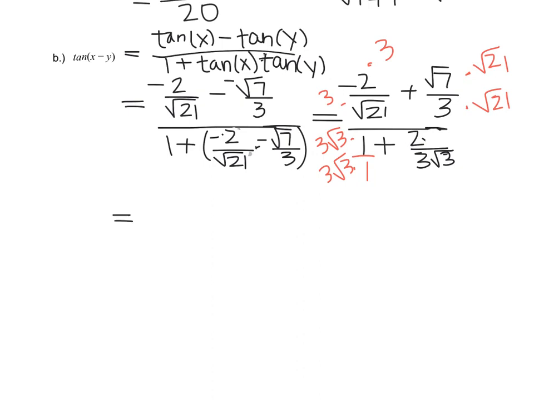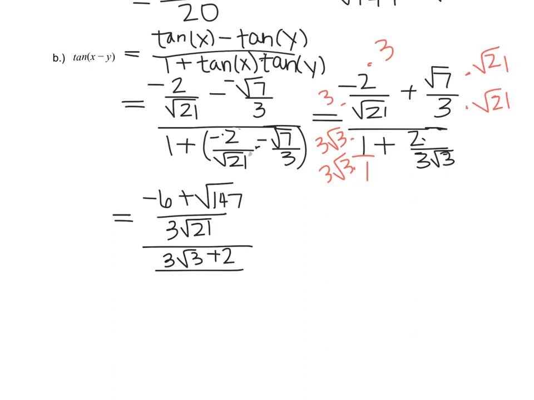So that gives us, in our numerator, we have negative 6 plus radical 147 over 3 radical 21, all over, in our denominator, we have 3 radical 3 plus 2, all over 3 radical 3.